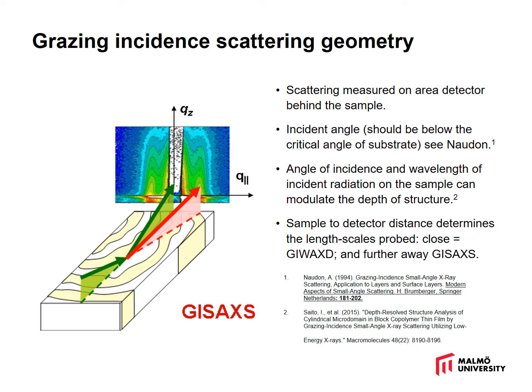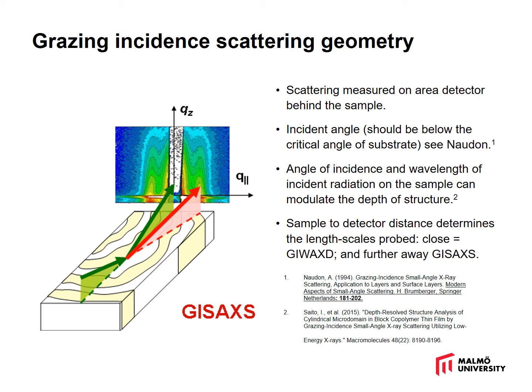In fact, this angle here can modulate the depth in which the radiation probes the structure, and this detector can be further away or closer to the sample, which gives you, in the case of close up, larger solid angles or wider angles, and in the case of further away, where the solid angle is smaller, we look at larger structures.